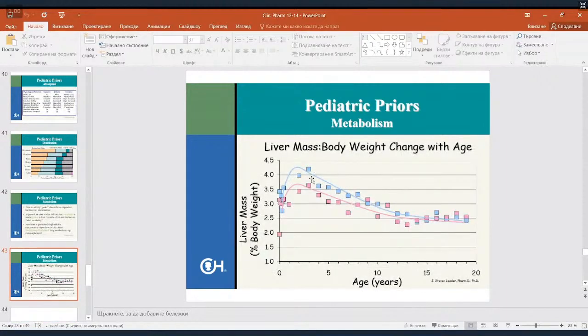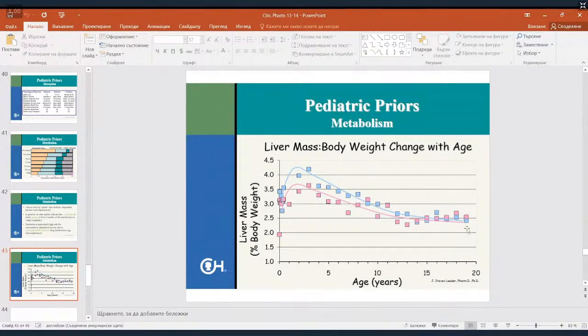This is the liver mass to body weight ratio with age. As you can see here, is the newborn, then the liver mass to body weight actually increases. So as a percentage, it gets to around 4 or even more than 4.2 or 3% of body weight for the liver, and then it decreases with age.